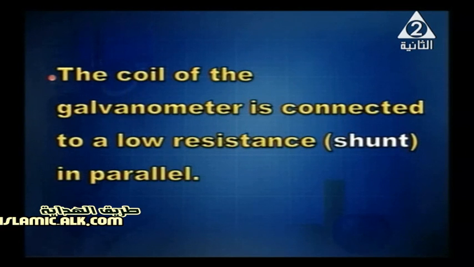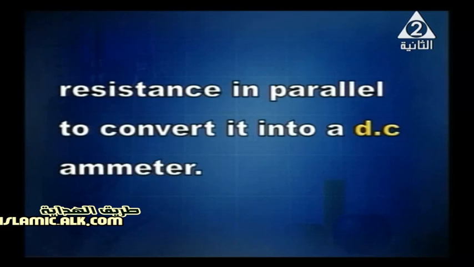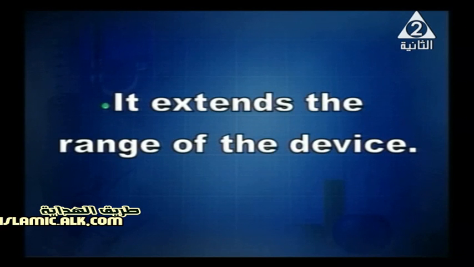Another give reason: the coil of the galvanometer is connected to a low resistance, which we call a shunt, in parallel. What is the function of the shunt? It converts the galvanometer into a DC ammeter. It extends the range of the device, enabling it to measure higher current intensities.